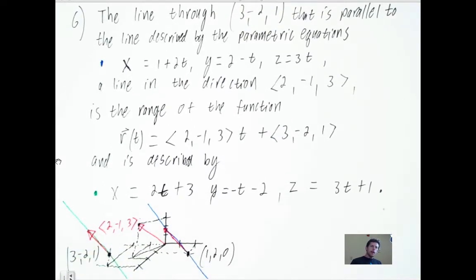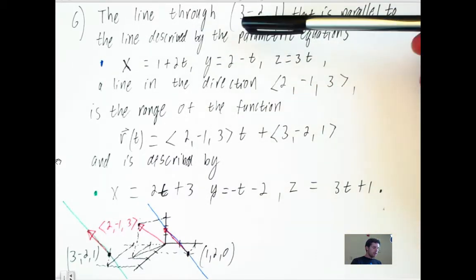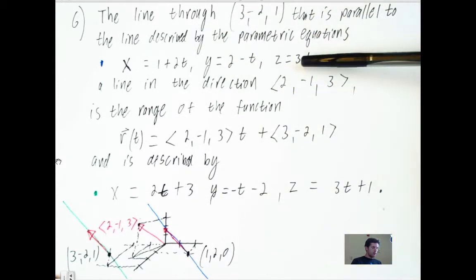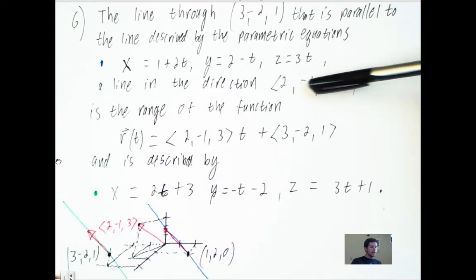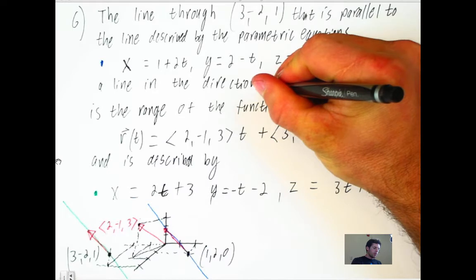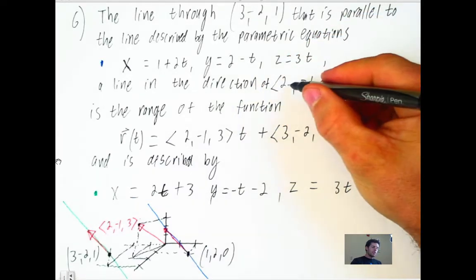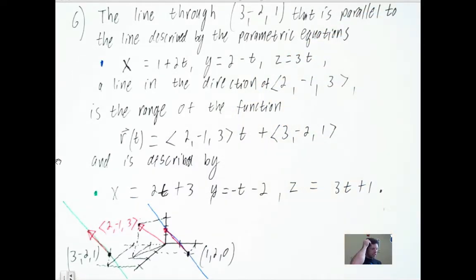And so to recap, I was supposed to find a different line than the one described here, but one that was in the same direction. So I picked off the direction. Actually, technically, this is not a direction, since this is not a unit vector, and technically we're supposed to reserve the word direction for unit vectors.